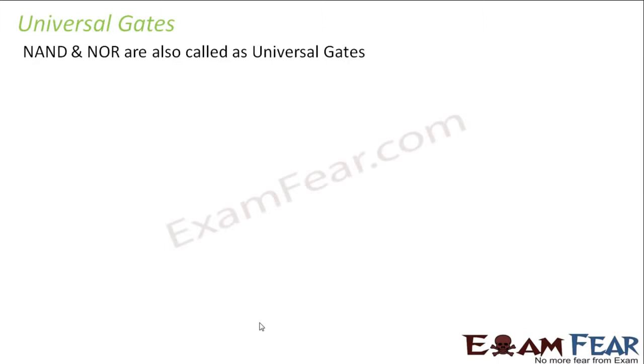So these are the 2 gates whose combination can work as all the other types of gates. That is why these 2 gates are known as universal gates. Now we will see how NAND gate can function as NOT, AND as well as OR.